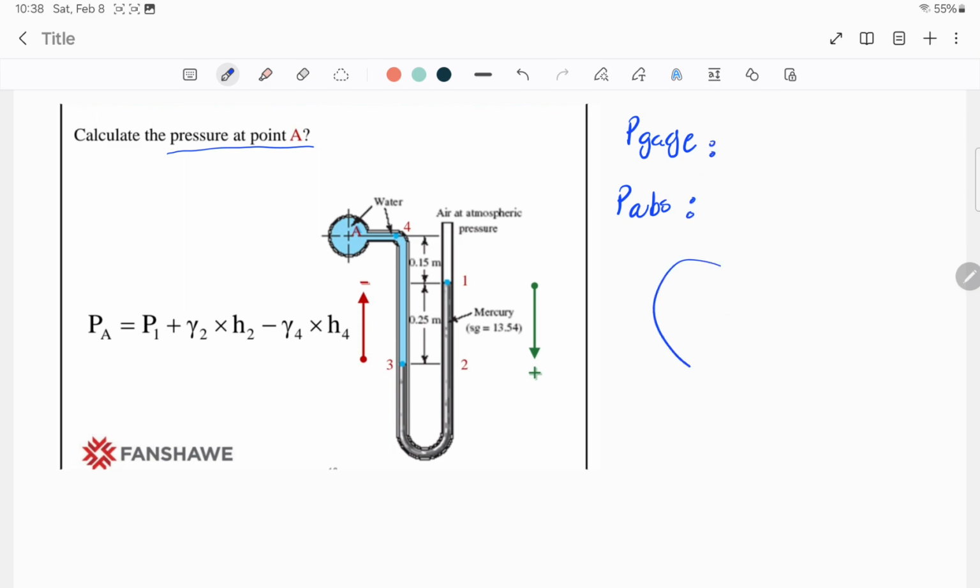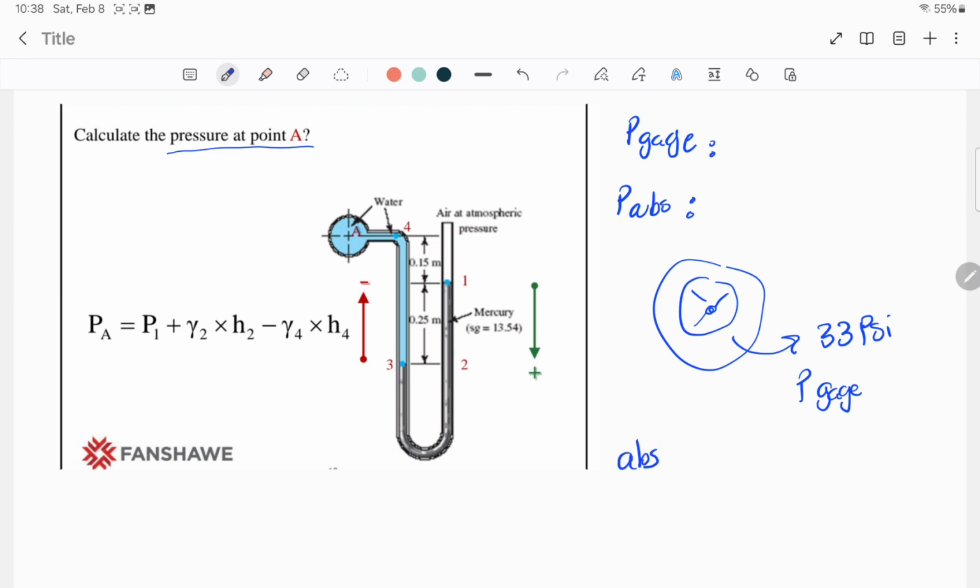Now, what's the difference between both of them? For example, a car tire. The air inside here is 33 psi. That is gauge pressure, the pressure inside the tire or inside a certain area.